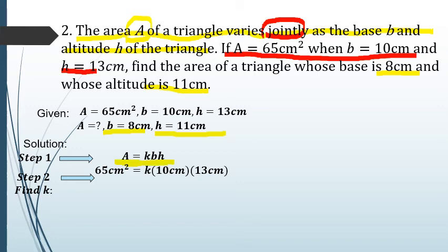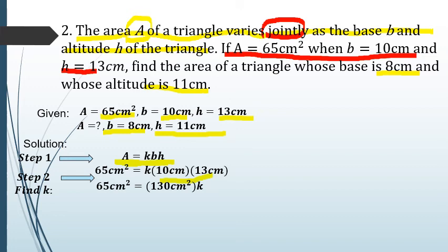Ang A ay 65 squared centimeters, B magiging 10 centimeters, yung H naman gagawing 13 centimeters. So, i-multiply natin ito, magkakaroon tayo ng 65 squared centimeters equals 130 squared centimeters K.